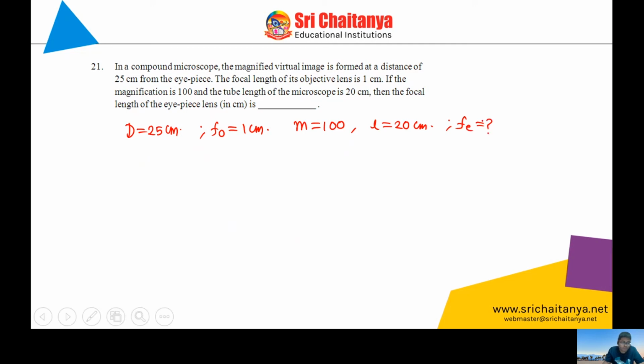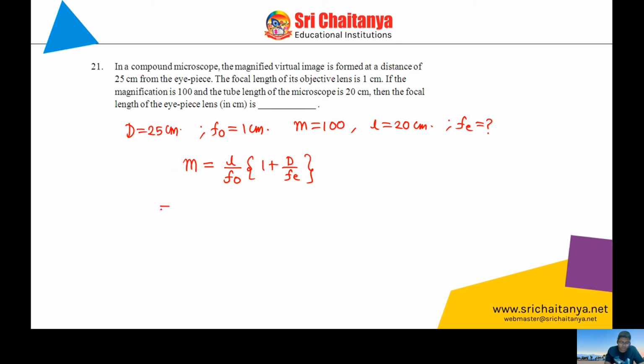When the final image is at the near point, the magnifying power formula is given by this expression, that is L upon F naught into 1 plus D by FE. Two specific cases we study: when the final image is at the near point, and when the final image is at infinity. Here we are talking about the final image at the near point.